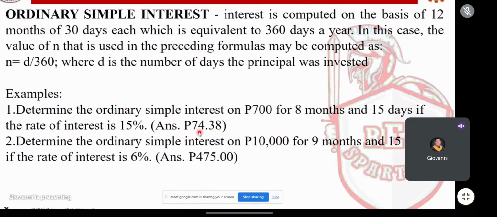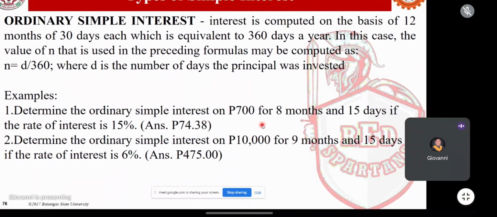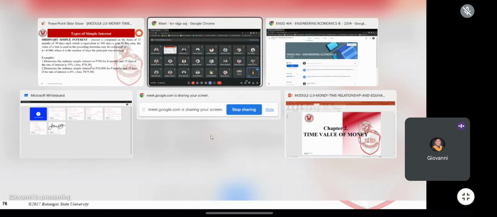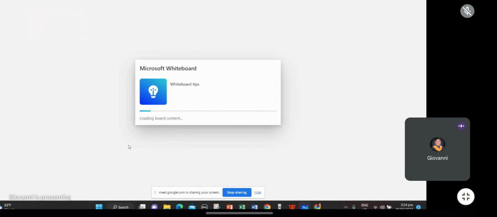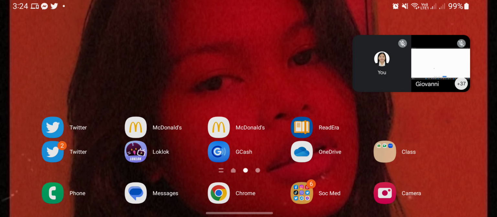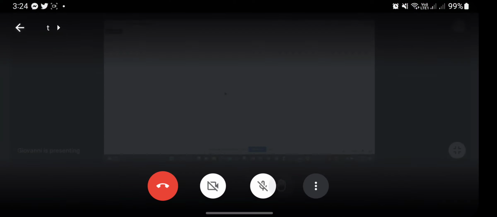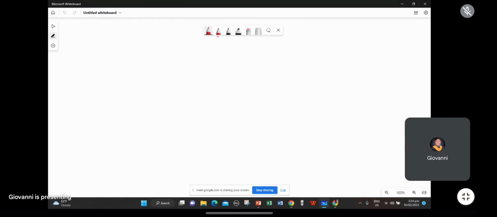Determine the ordinary simple interest on 700 pesos for 8 months and 15 days if the rate of interest is 15%. Paano kaya napalabas to? So formula natin for interest, we have I is equals to Prt.